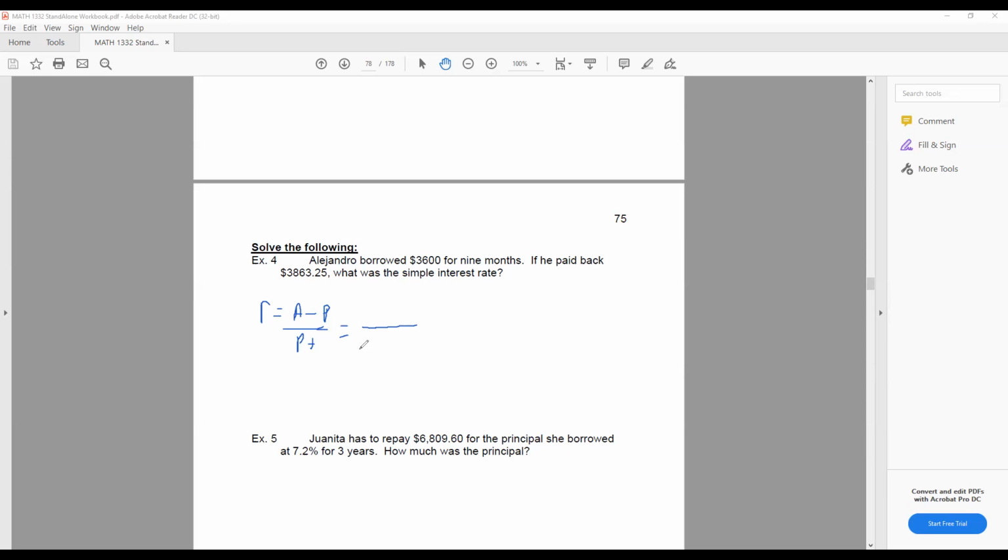He later owed 3863.25. Time is in months, so you gotta do 9 out of 12. Find rate.